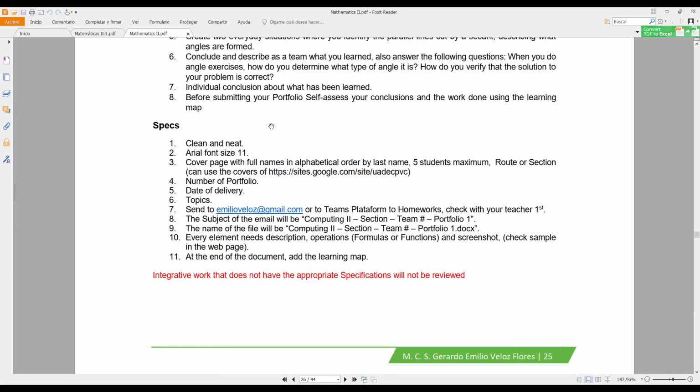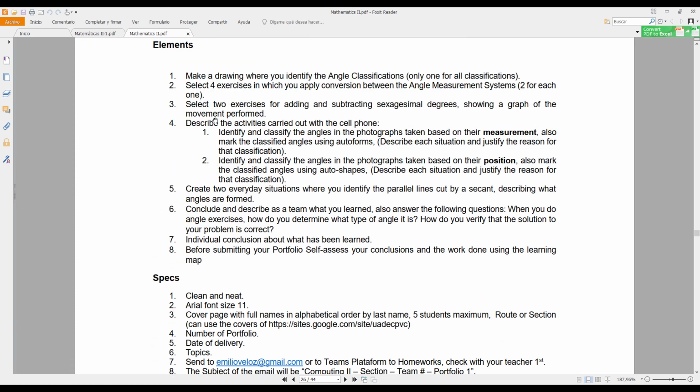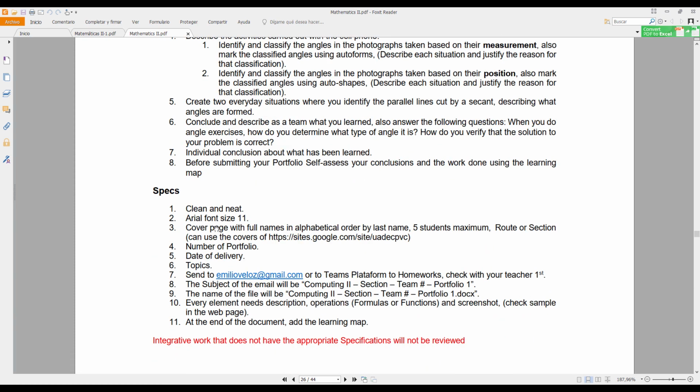Clean and neat. Clean, because if we are in in-person classes, you need to print it, but if we are at a distance in online classes, it is not necessary because the work you will do is clean. But neat is important.